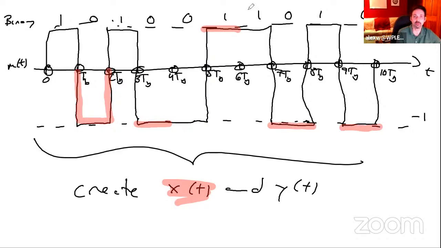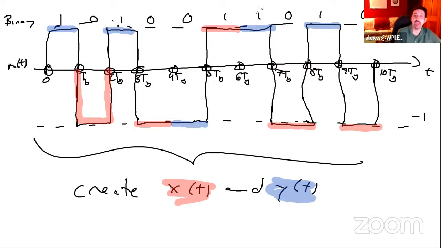And do the same here. Okay, so that's blue.